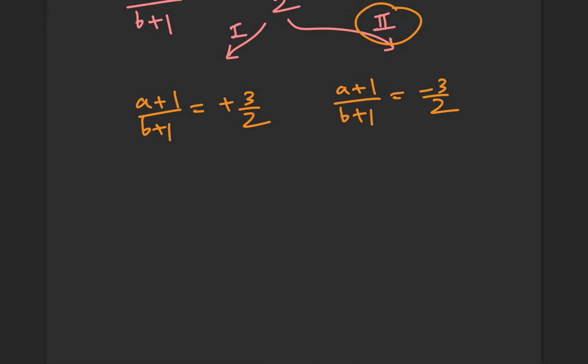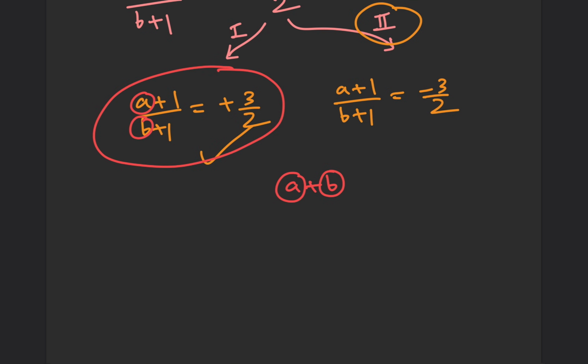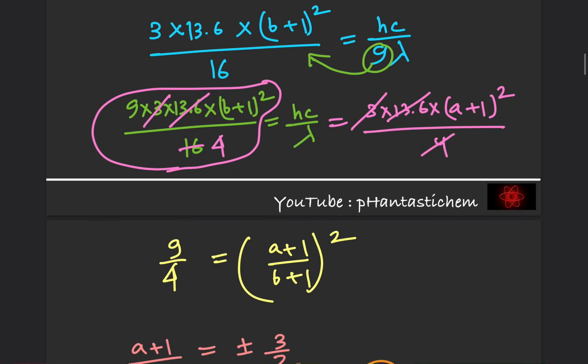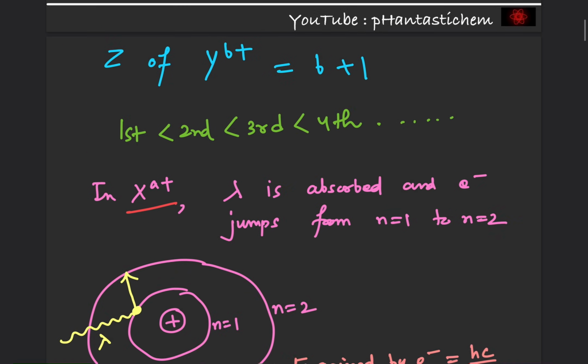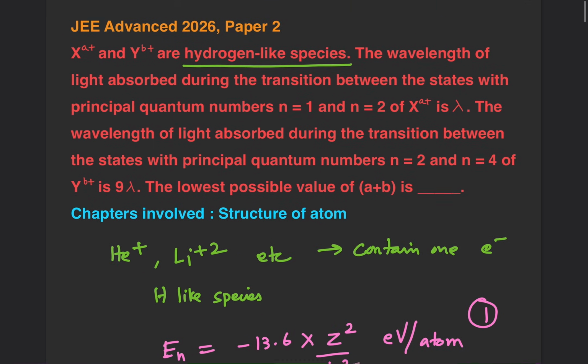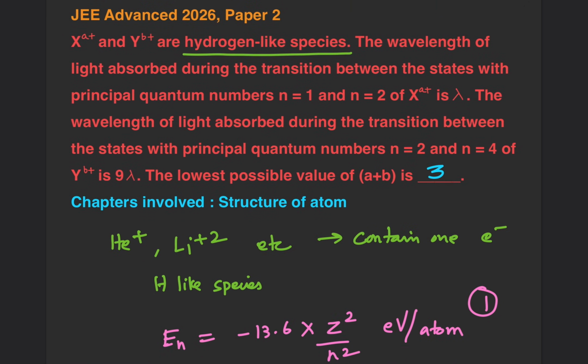So the first case is possible. Since we want the lowest possible value for A plus B, the lowest possible values of A and B that will satisfy this equation are A equal to 2 and B equal to 1. Therefore A plus B is going to be 3. So the lowest possible value of A plus B is 3. So our final answer is 3.